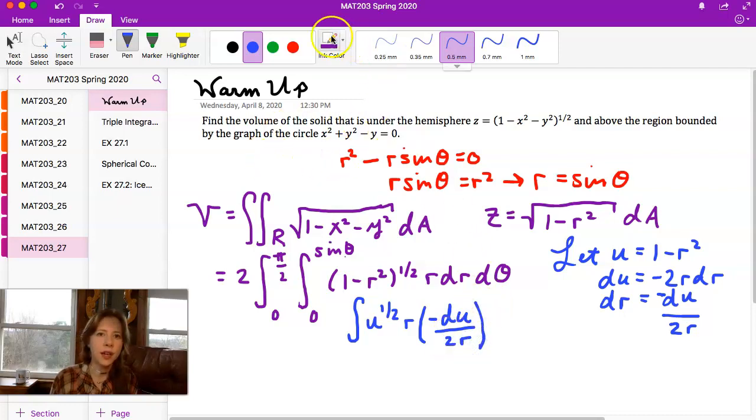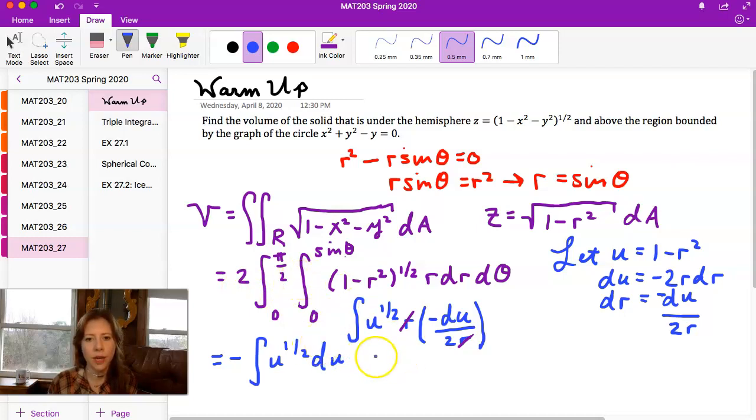You can see that our r's are going to cancel, and let me just rewrite this. We end up with minus a half u to the 1/2 du.